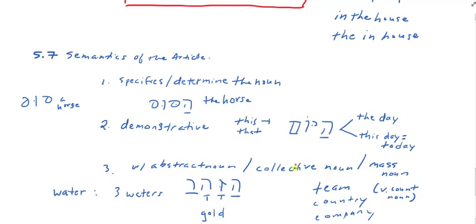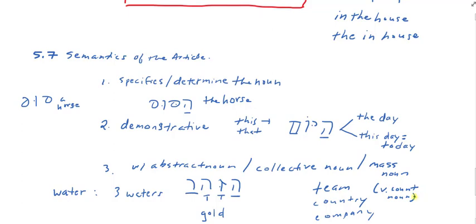And then a mass noun is a noun that indicates a quantity of something, but not a countable quantity. So mass nouns are distinguished from count nouns. For example, water. Water is a mass noun, and it refers to a quantity of liquid.